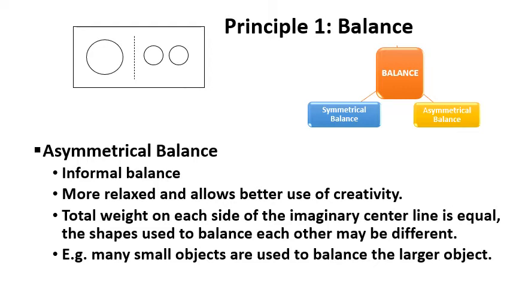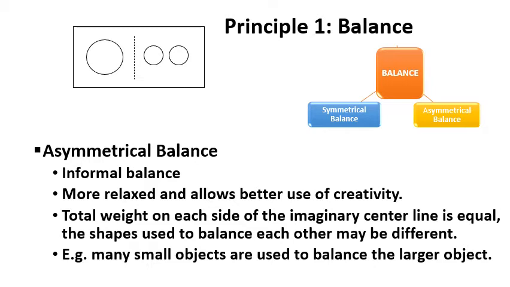Asymmetrical balance results from unequal visual weight on each side of the composition. Asymmetrical or informal balance is more relaxed and allows better use of the visual merchandiser's creativity. In this arrangement, the total weight on each side of the imaginary line is equal, even though the shapes used to balance each other might be different.